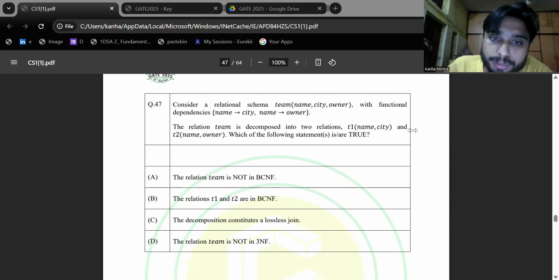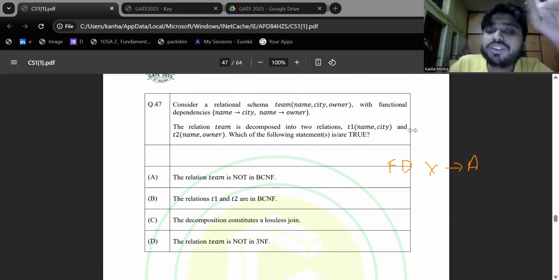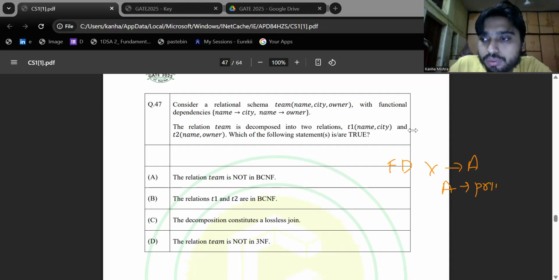Let's talk about third normal form a bit. A relation is in third normal form if for every functional dependency X implying A, at least one of these holds: X is a super key, or A is a prime attribute. What is a prime attribute? A prime attribute is a part of a candidate key.